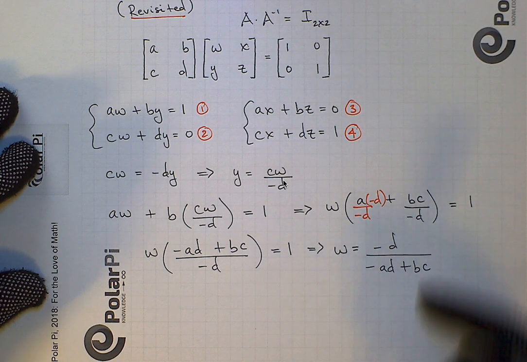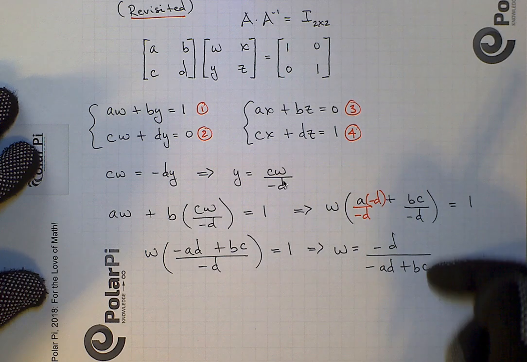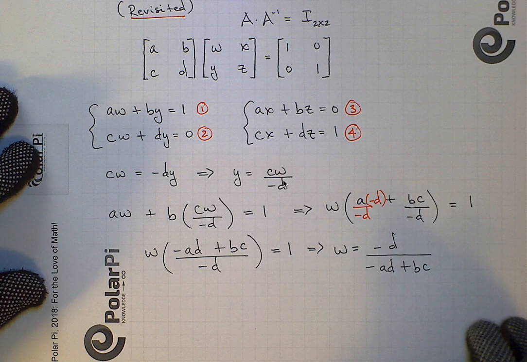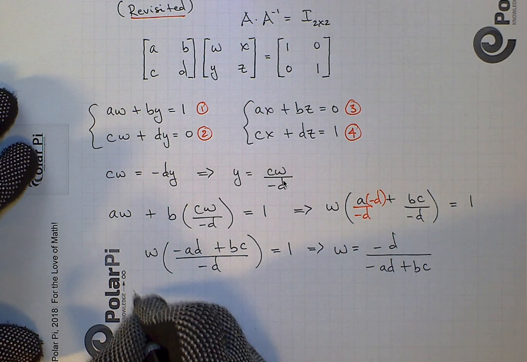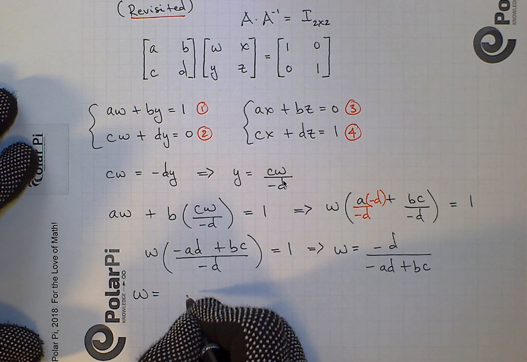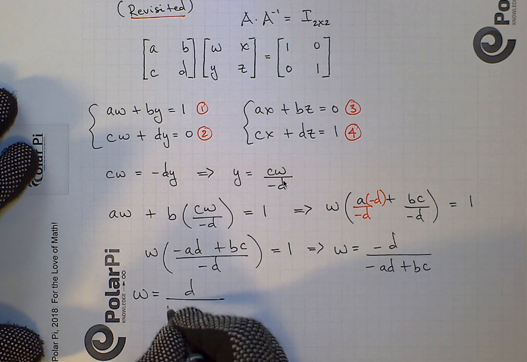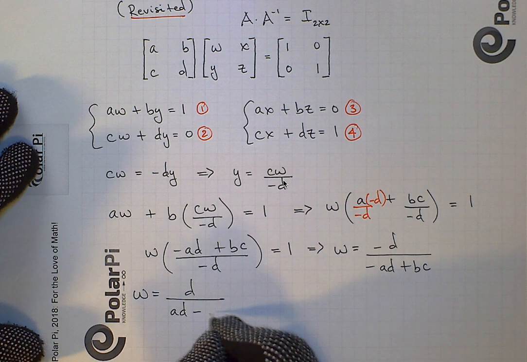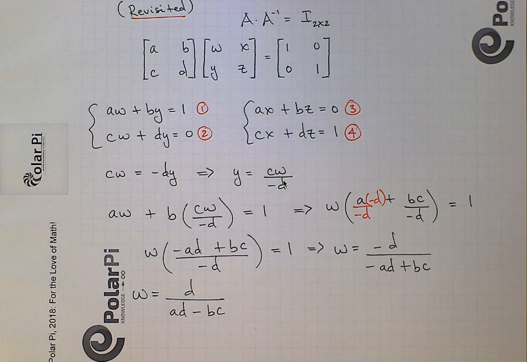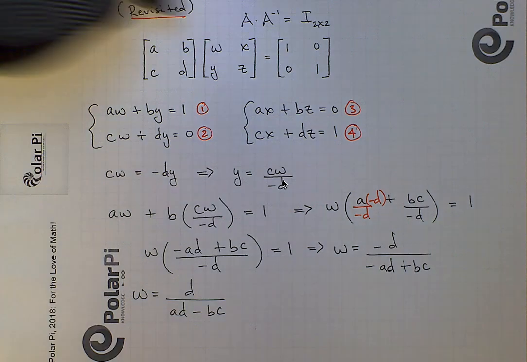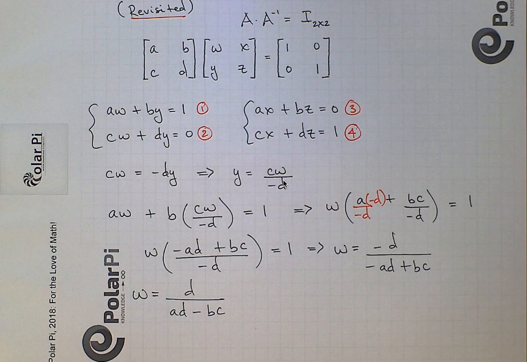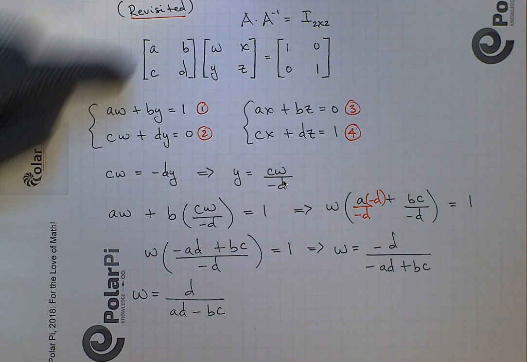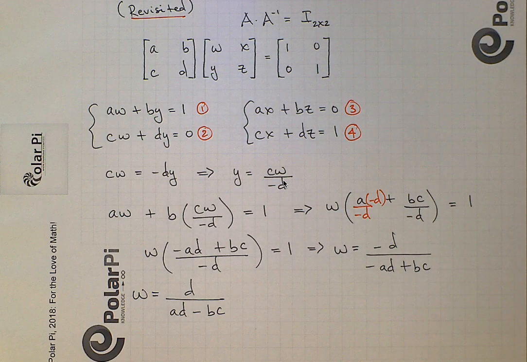Then I can multiply both the numerator and the denominator of this expression by negative 1, and write that W is simply equal to D divided by AD minus BC. Now, I don't know if you recall our work when we got to the inverse of a 2 by 2 through the adjoint and multiplying the adjoint by 1 over the determinant, but this was exactly what we found this entry to be. Yeah? Okay, cool.